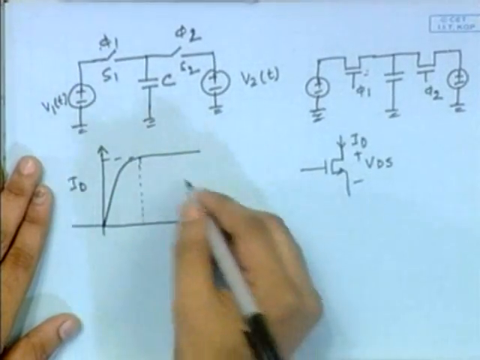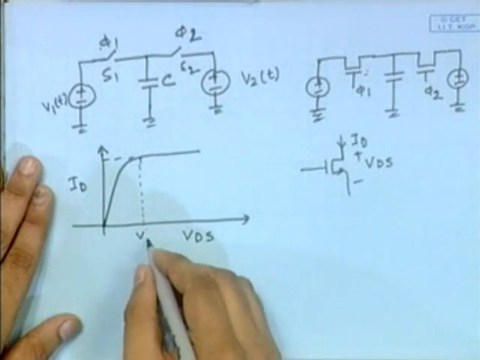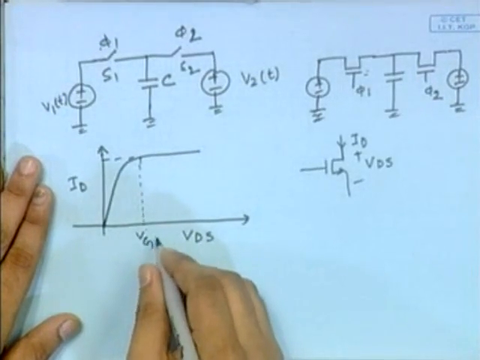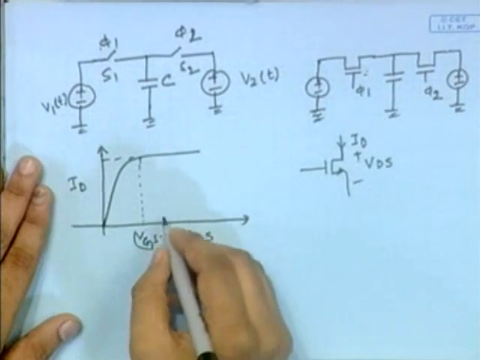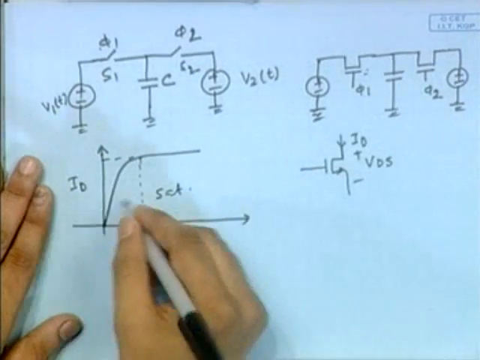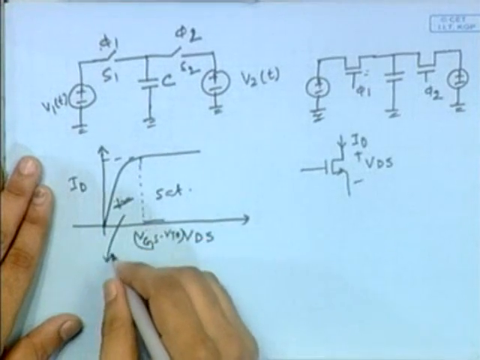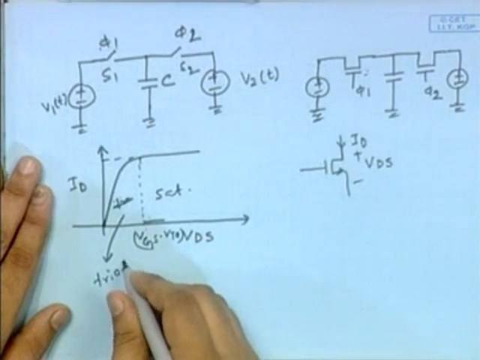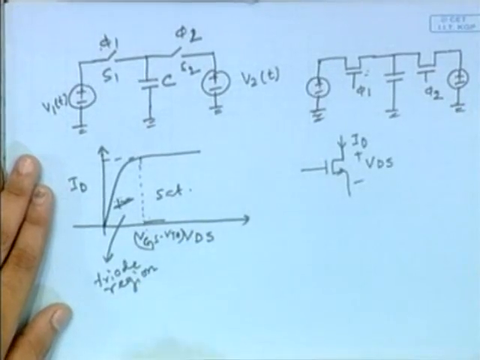These are two different regions to operate the MOS. This is VGS minus VTH. Beyond this is the saturation region, and this side is the triode region.